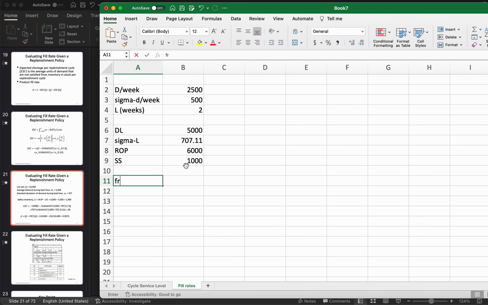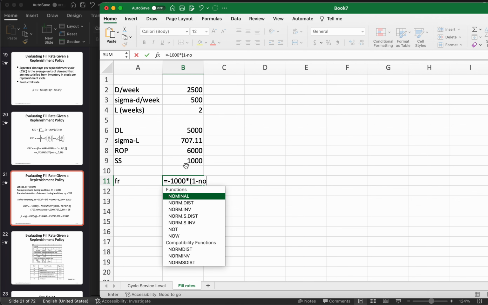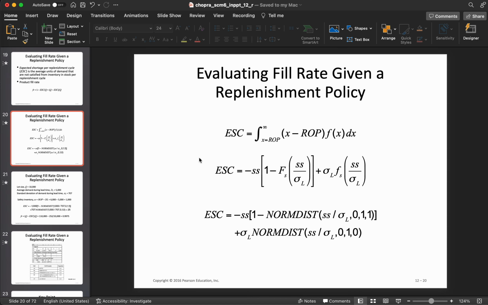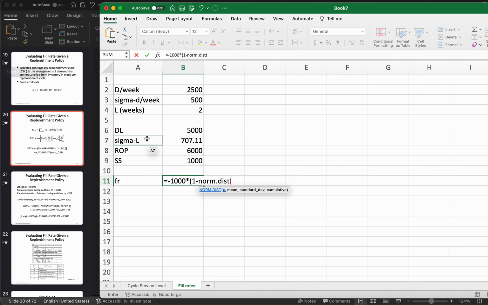With that we can calculate the expected shortage. It is minus 1,000 times 1 minus NORM.DIST of the ratio of safety inventory and standard deviation. If you look at this formula, that ratio is the important piece here. You can calculate that separately and then use it, or I'm just going to do the ratio of safety inventory and standard deviation of demand during lead time.